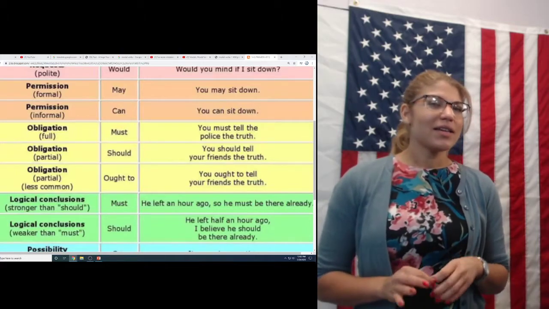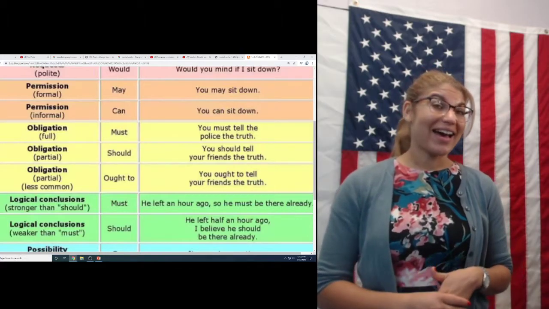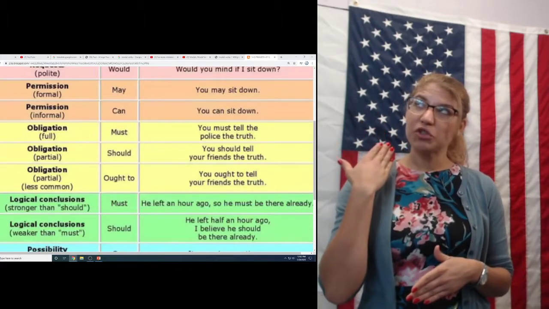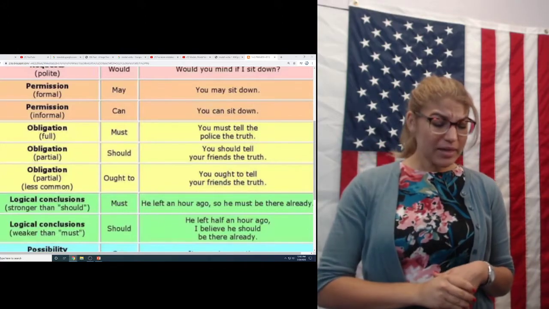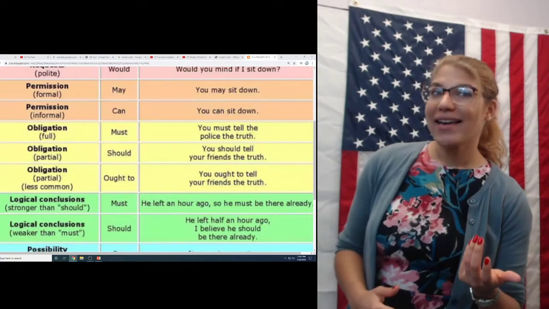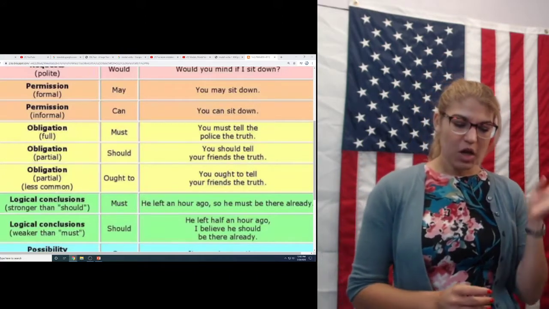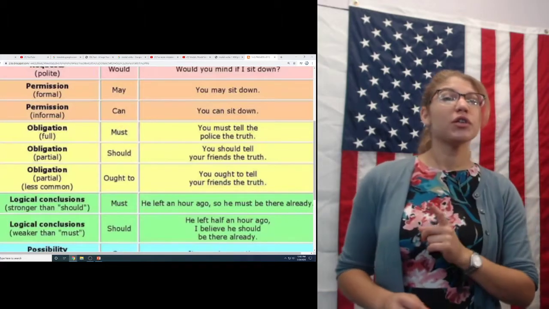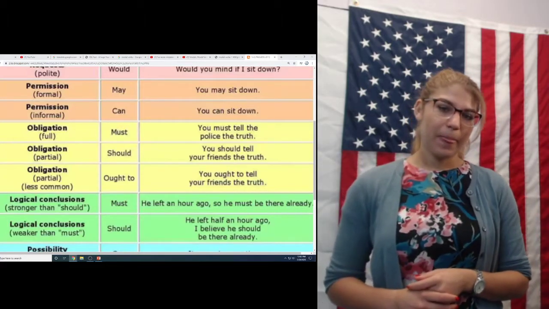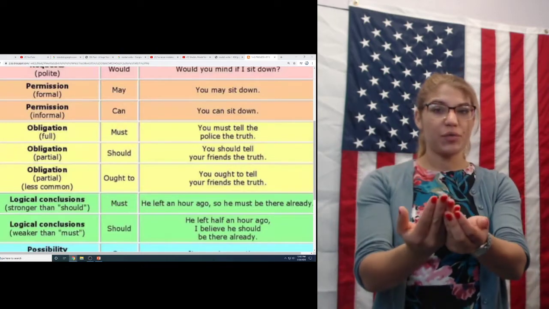Should is like the example we had last week when we talked about the counsel or advice. You should tell your friends the truth. I have some advice for you.